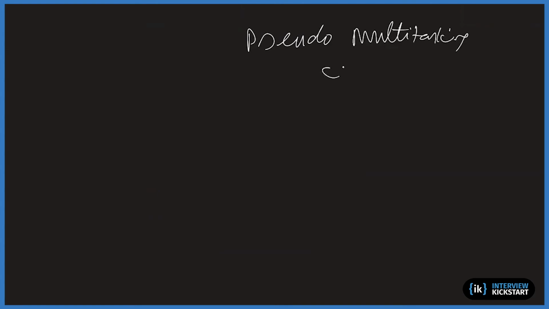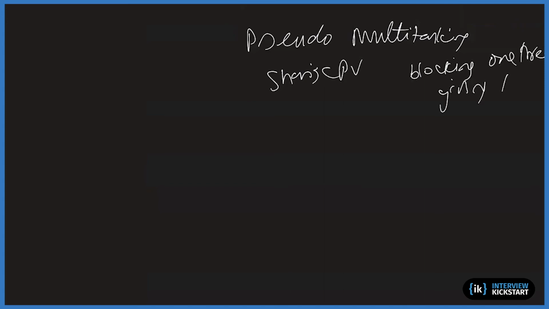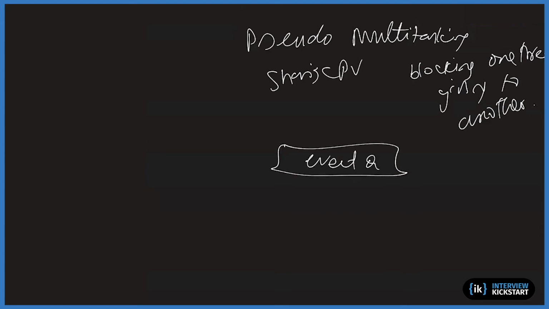You are sharing the CPU by blocking one thread and giving it to another thread. So the blocking point is basically the event queue, and at that point you could do scheduling.